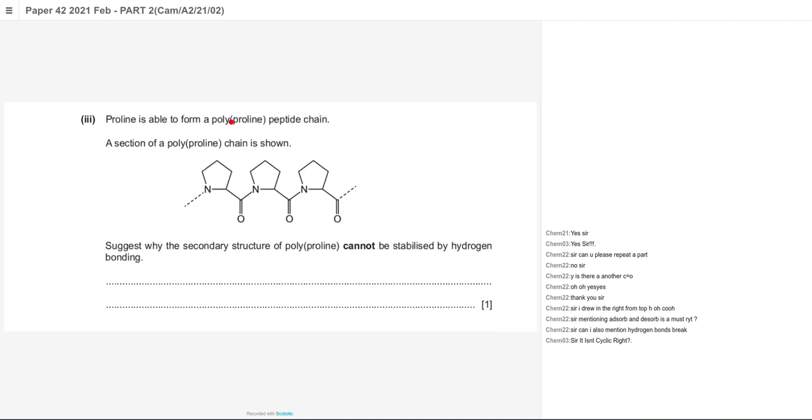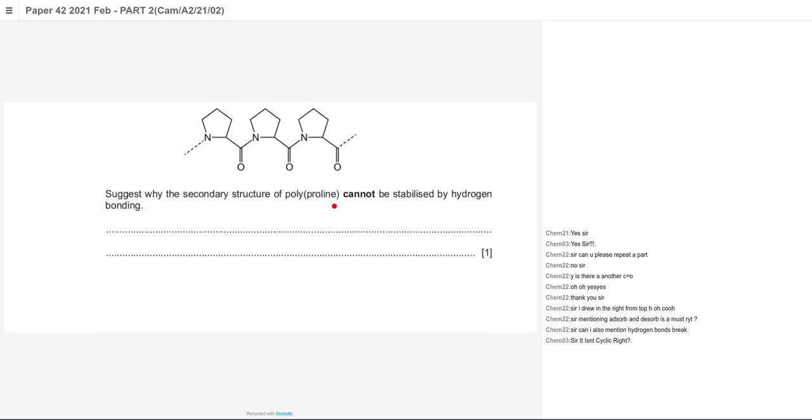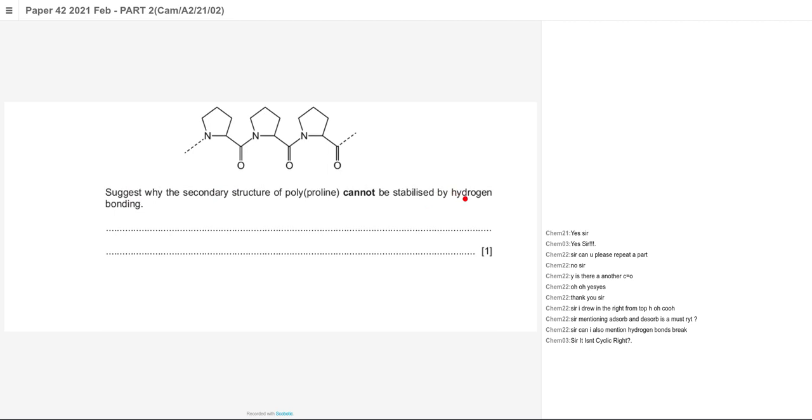Proline is able to form a polyproline peptide chain. The section of the polyproline chain: so this is a primary chain. Amino acids are linked via amide peptide linkages, primary chain. Explain why the secondary structures of polyproline cannot be stabilized by hydrogen bonds.